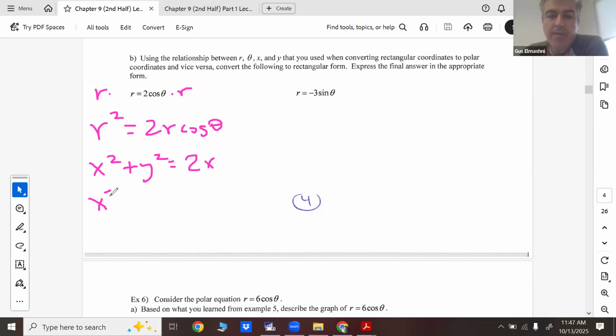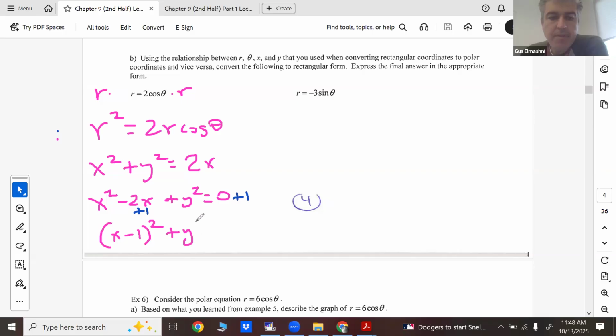So x squared minus 2x plus y squared equals 0. If I do completing the square, add 1, add 1. And that makes sense that we would see that.